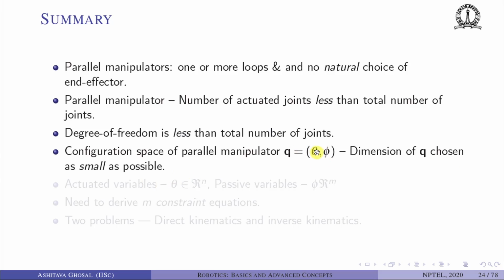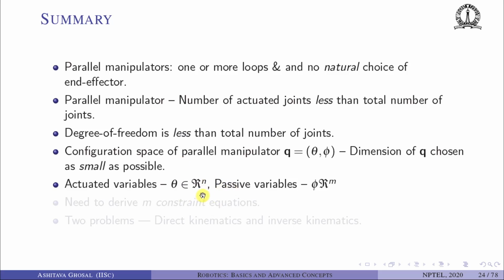If you have a 3 degrees of freedom parallel robot, the dimension of theta will be 3. But we could arrive at different phis, as I showed you for the 4-bar mechanism. We could have 1 phi for the 4-bar and 1 actuated, or 1 actuated and 2 passive, or 1 actuated and 3 passive joints. So we would like to choose the dimension of Q as small as possible.